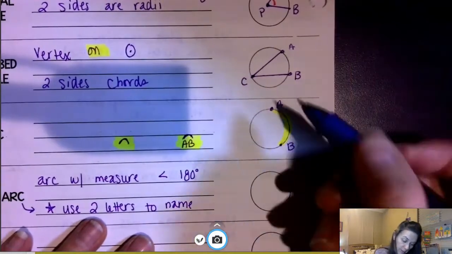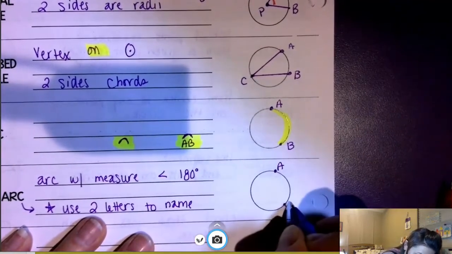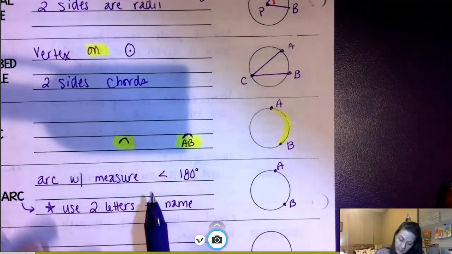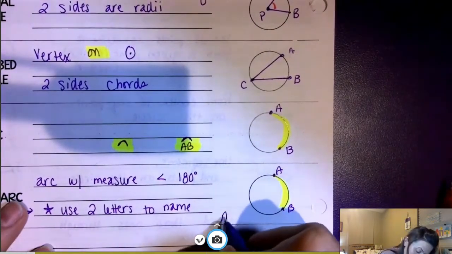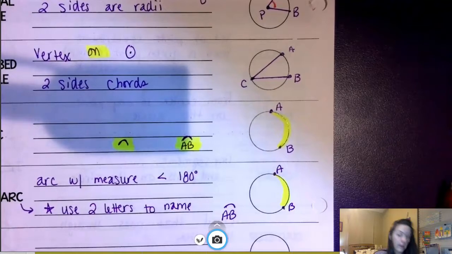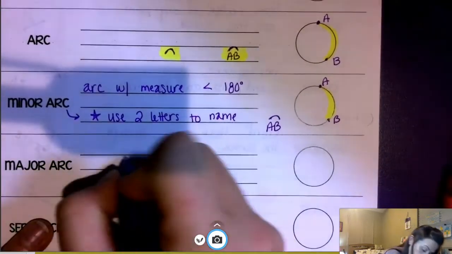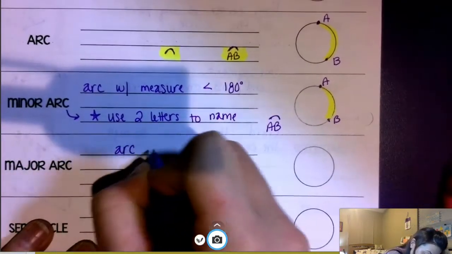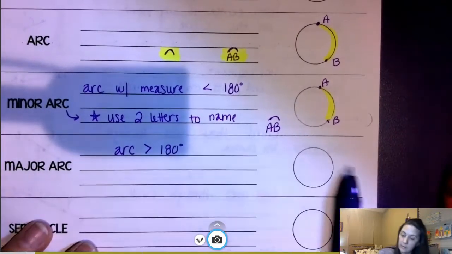So a minor arc would be like my AB up here. I would name this arc AB. Now, a major arc is going to be a little bit different. A major arc is going to be an arc that is greater than 180 degrees.